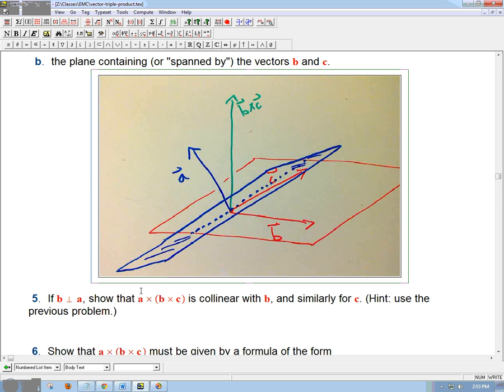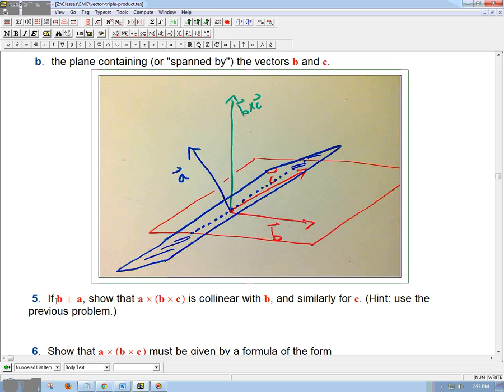We know from the previous part that A cross B cross C is going to be in the intersection of two planes. It's going to be in this line that's the intersection of all things perpendicular to A and all things that can be made out of B and C.